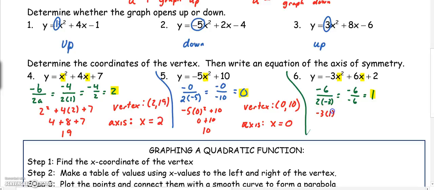Negative 3 times 1 squared plus 6 times 1 plus 2. So 1 squared is 1 times negative 3 is negative 3 plus 6 plus 2. Negative 3 plus 6 is 3 plus 2 is 5. So my vertex is 1, 5, and my axis is x equals 1.